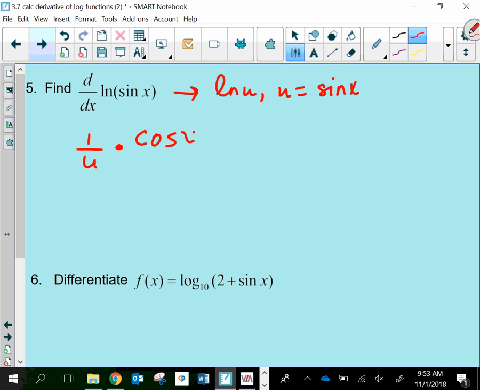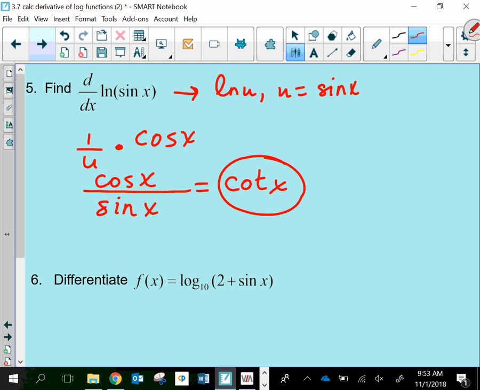All right, we replace our u with sine of x. What's a better way to write that? Trigonometry, cotangent. Okay, good job. So smart. All right, very good. So we're just using the 2 new log ones with chain rule, explicit, all that.